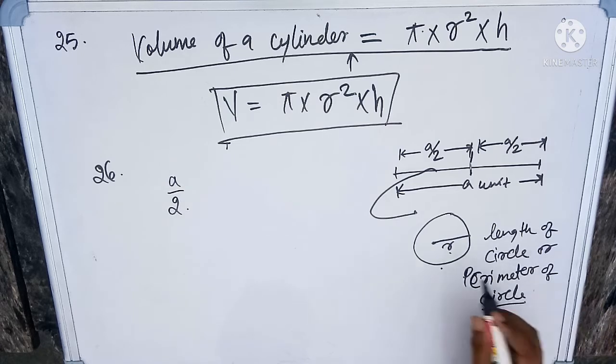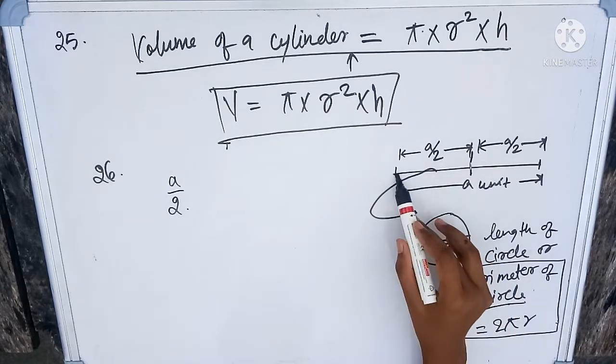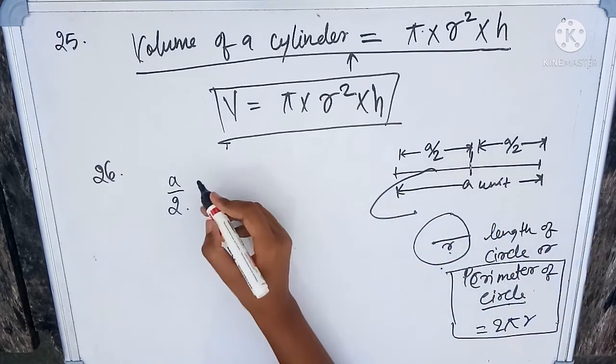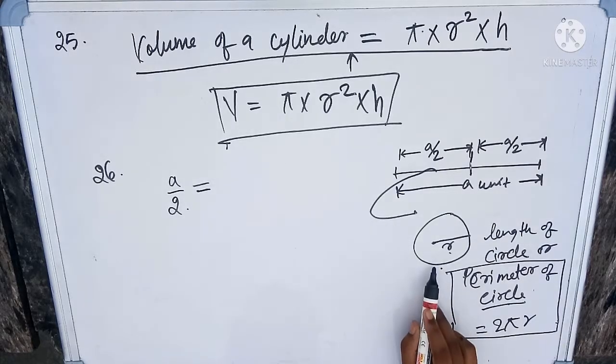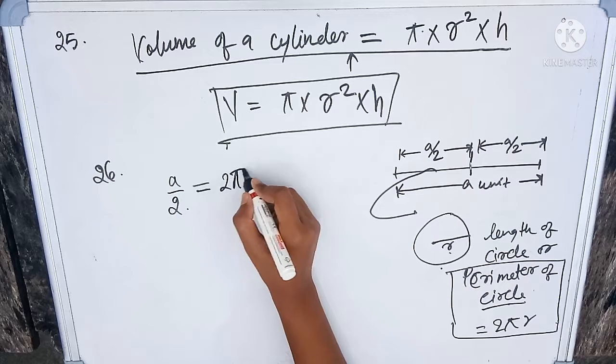So if you have r as the radius, then the perimeter of the circle will be 2 pi r according to the formula of perimeter of circle. So the length of the wire is A by 2 unit and is equals to the length of the circle, that is the perimeter of the circle, is equals to 2 pi r.